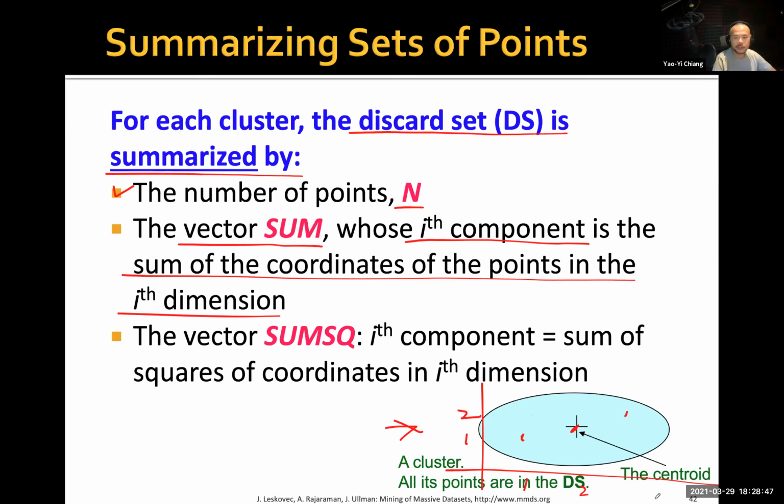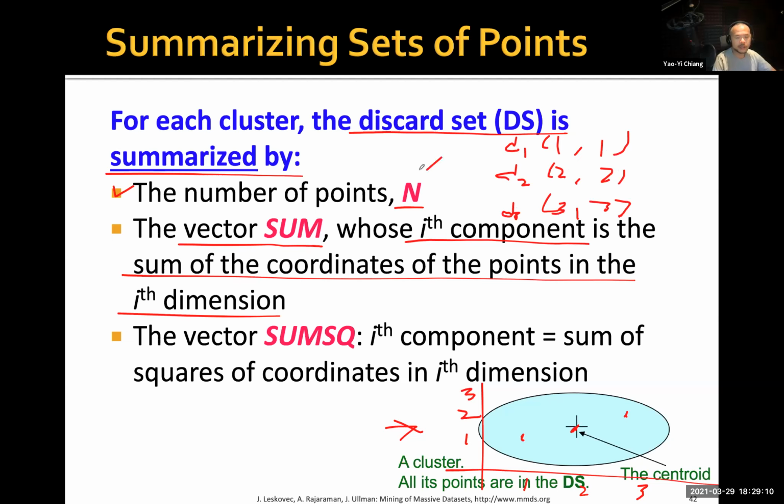You have another point, 3, 3. Assume you only have these 3 points. So how do you write them? D1, D2, and D3. D1, you have 1, 1. D2, you have 2, 2. D3, you have 3, 3.